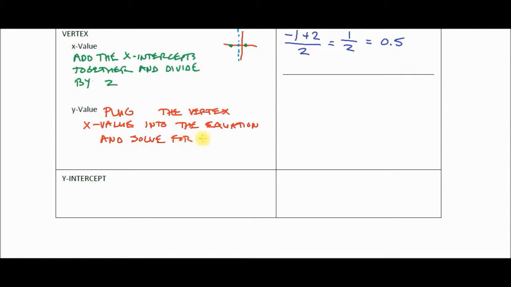Of course, I can just use my equation to do that. Plug in my x value and out will come my y value. My y value will be the y value of my vertex.